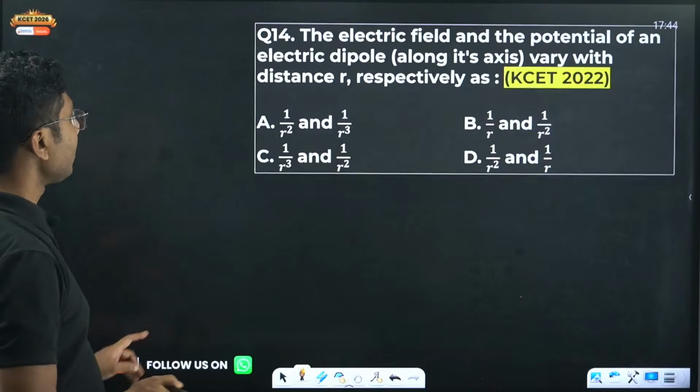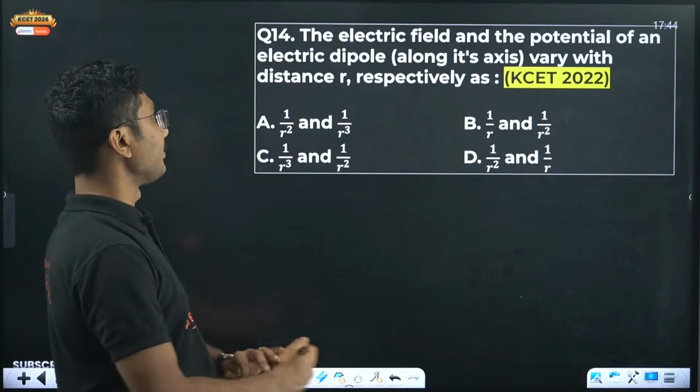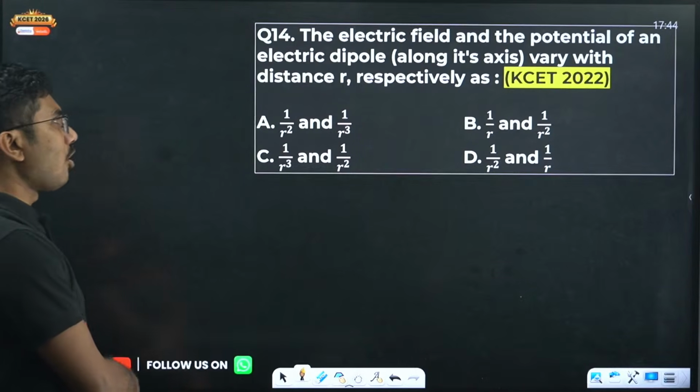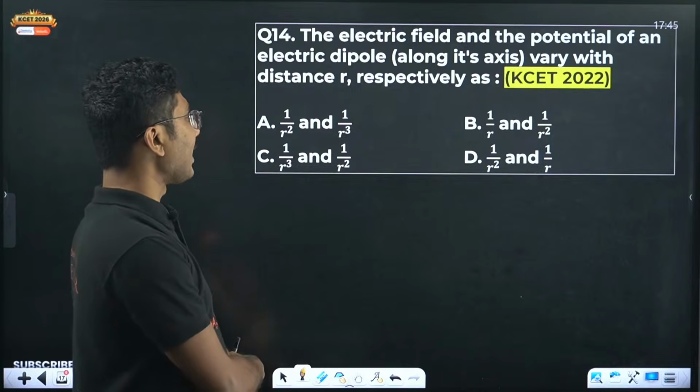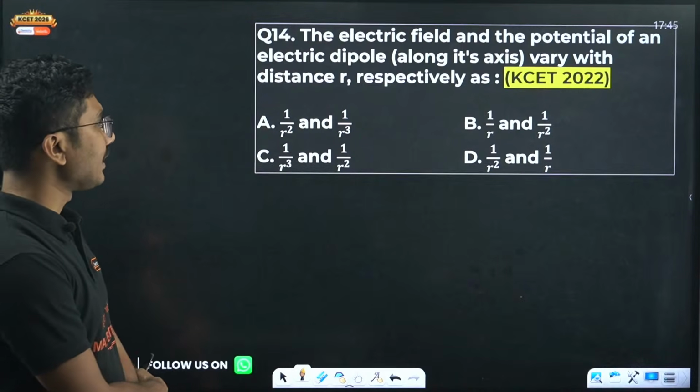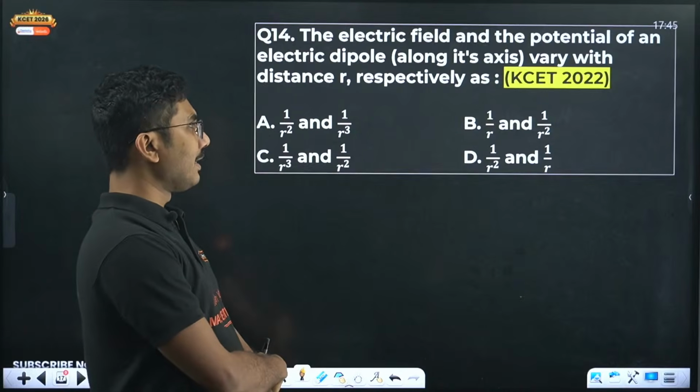Now let's move on to question number 14. The electric field and potential of an electric dipole along its axis vary with distance r respectively as.